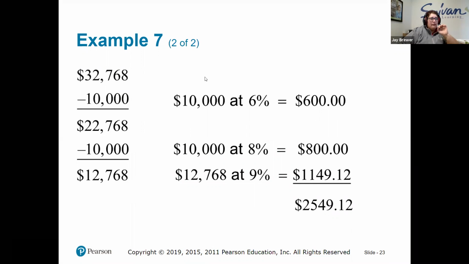So her first $10,000 is going to be at 6%. The next $10,000 is going to be at 8%. And then the remaining is going to be at 9%. So it was kind of like a trick question. But yes, eventually she has earned enough just within the first 2 weeks that she's going to be at 9%.